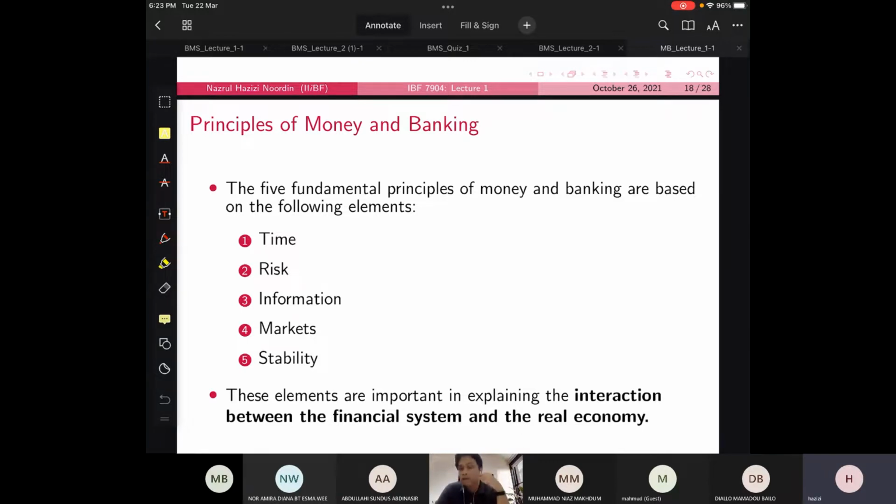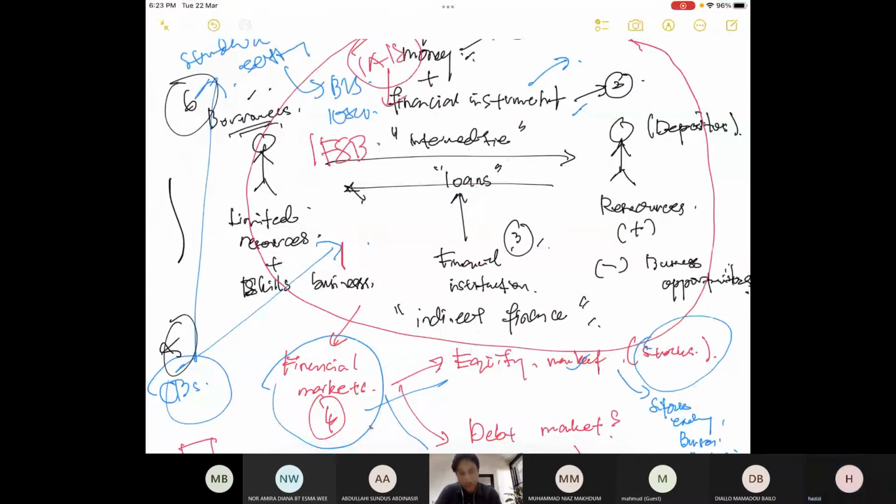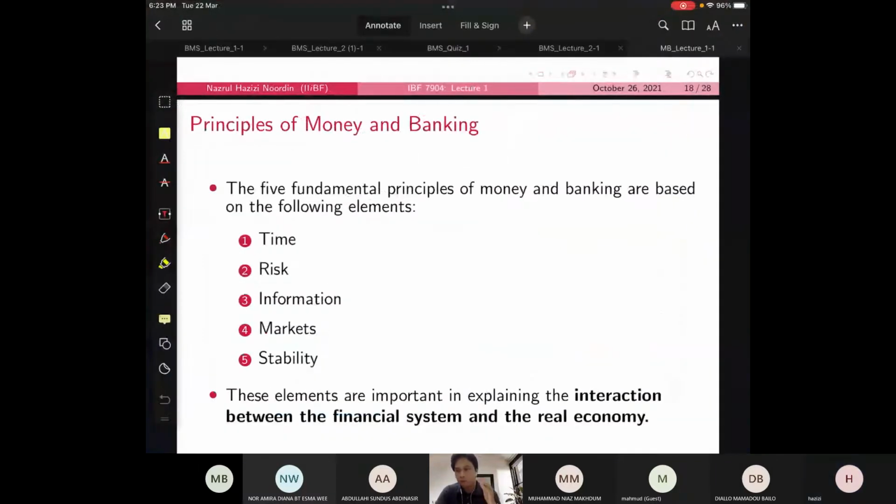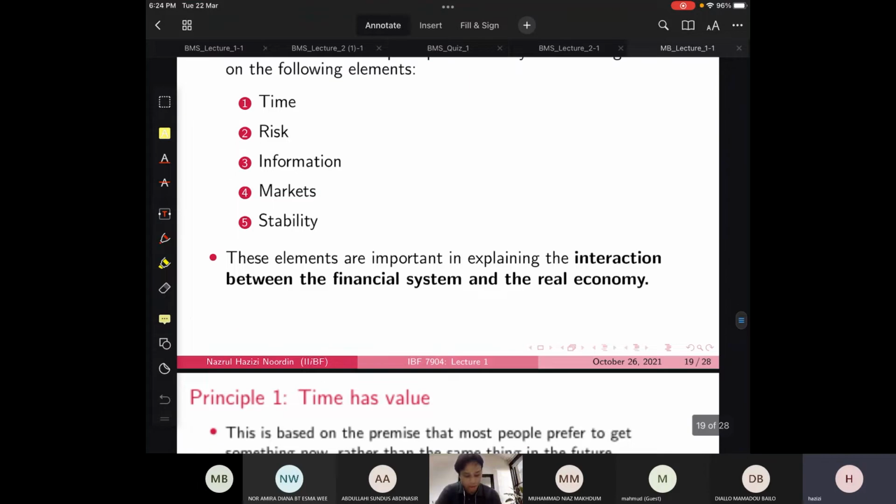In order for you to explain the nature or characteristics of the financial system that we looked at earlier, and also to describe the financial activities that take place within it, you need to comprehend these 5 principles that govern these activities. It involves 5 elements: time, risk, information, markets, and stability. All right, now let's look at the first one.